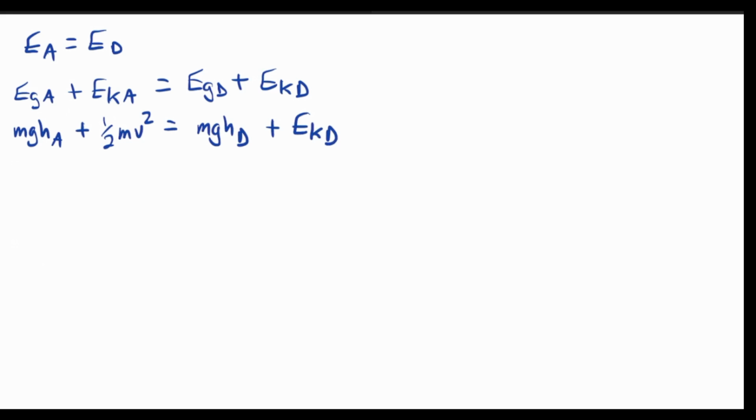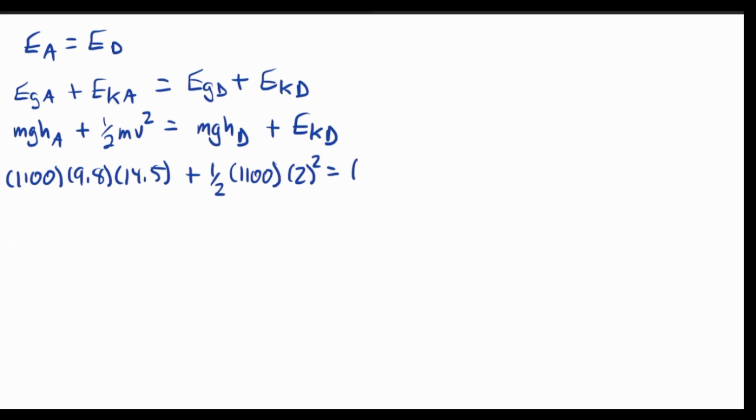And I know these values, so let's plug them in. The mass of the roller coaster is 1,100 kilograms. Force of gravity is 9.8. The height of the roller coaster at point A was 14.5 meters. Plus the kinetic energy at the beginning, which is half m, and we know the mass is 1,100 kilograms, and we were told that the velocity was 2 meters per second squared.